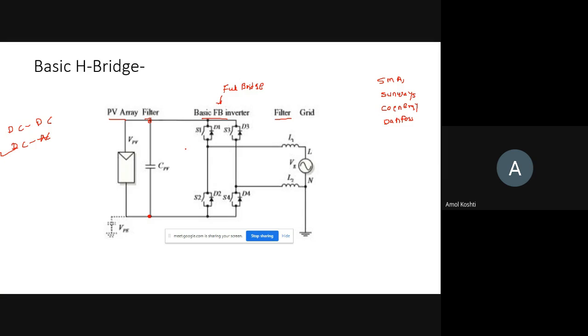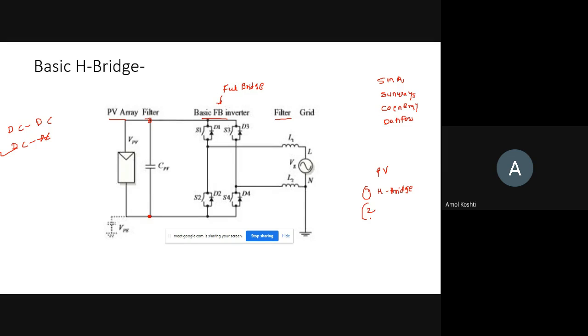Based on the functionalities or the operation, this basic H bridge we can drive in three different ways. Or we can say these PV inverters are manufactured based on this H bridge type.